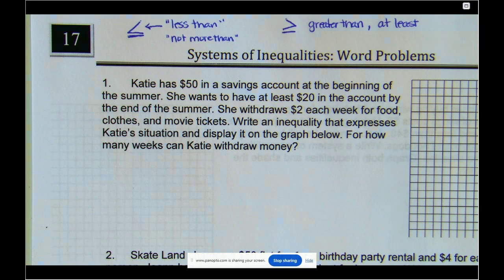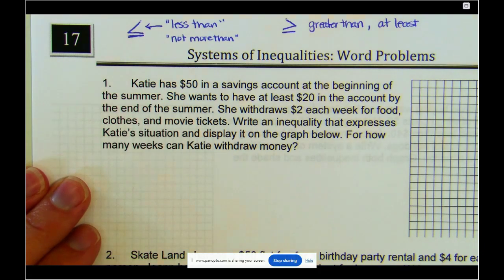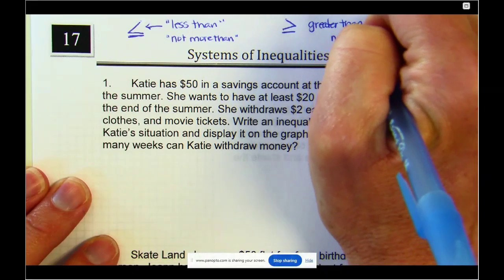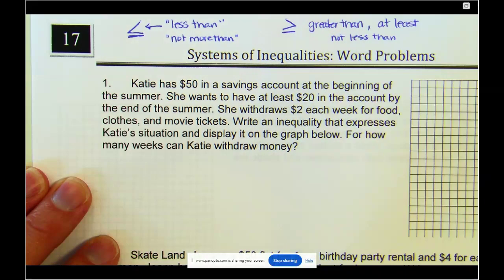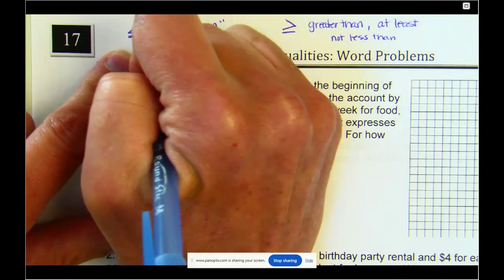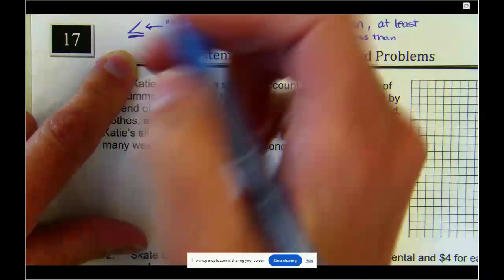It's not. Greater than, at least means that's the smallest number I can spend. You might see the words not less than. This one over here, you might see the words up to, or maybe at most.